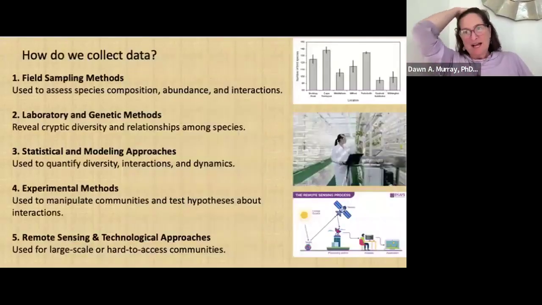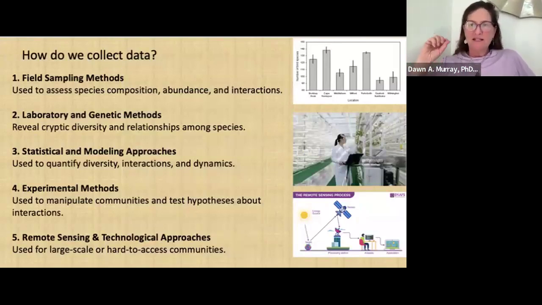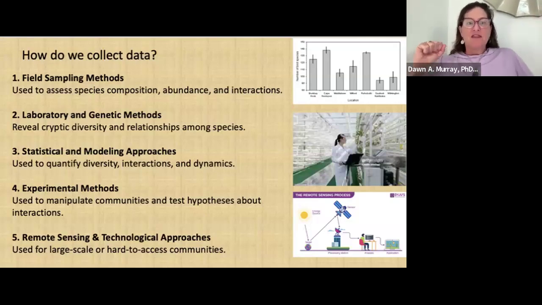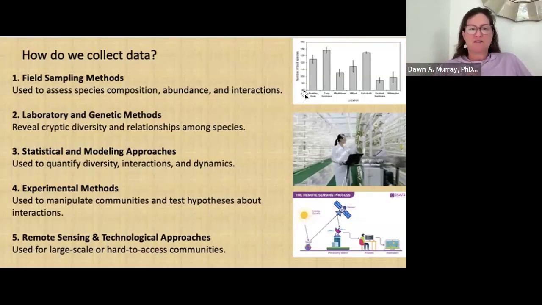All right, so how do we collect data as applied ecologists? There's a lot of methods in the field. These are used to assess species composition. So, what are all the different species that are there, maybe their abundance, how many, and species interactions. And sometimes abundance can look like this, where it's different species and how abundant they are in various plots.